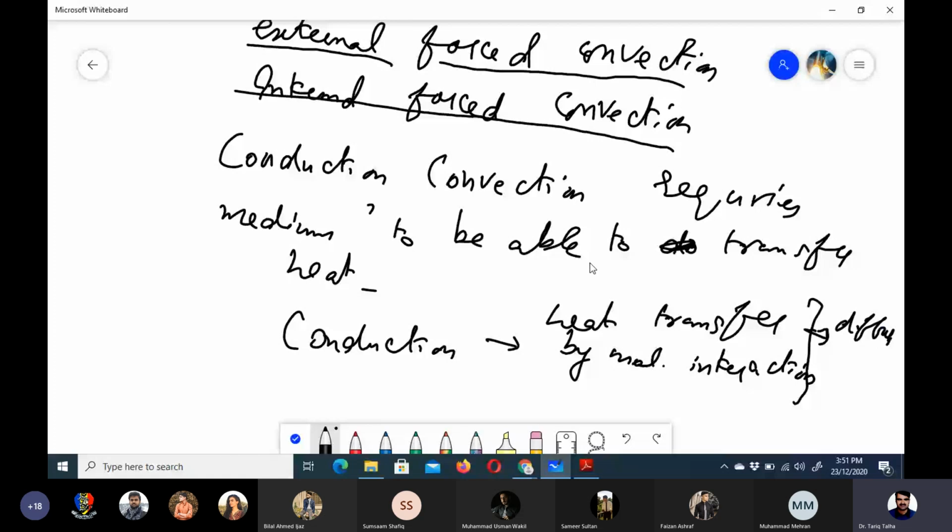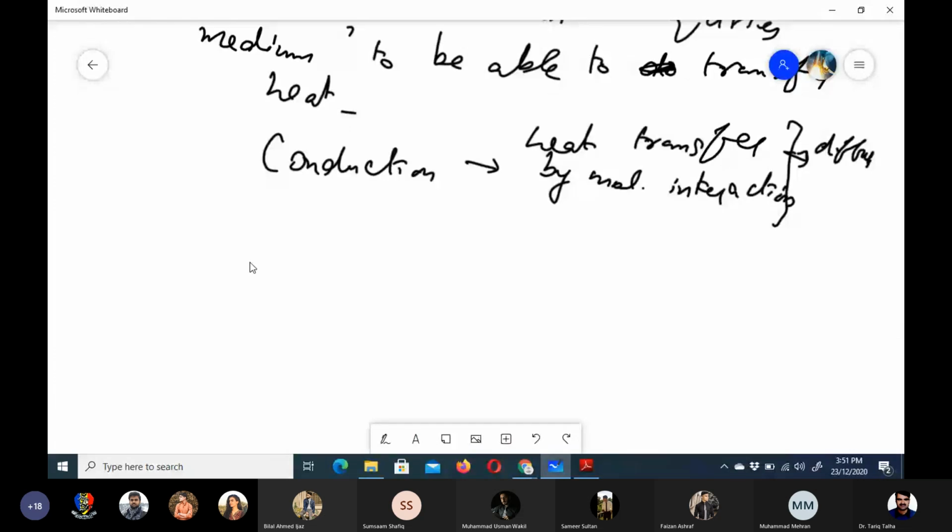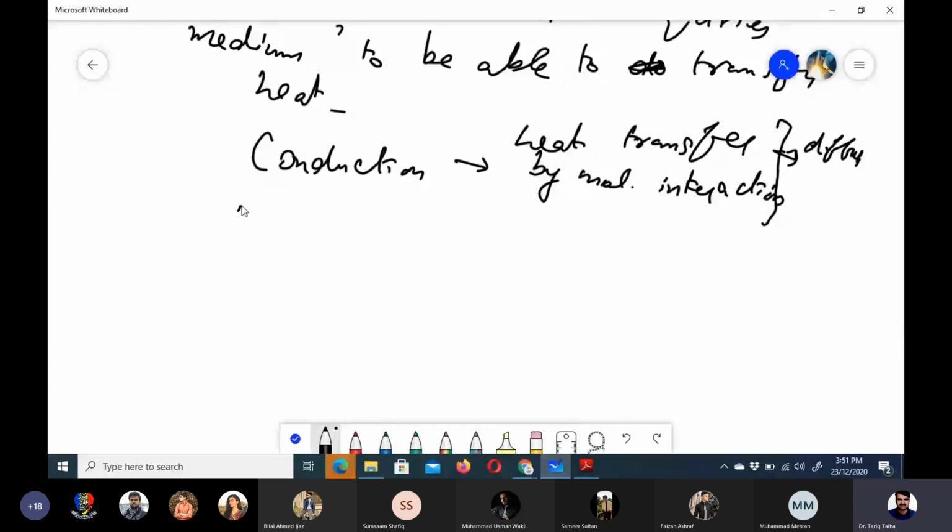But in convection, we have diffusion plus motion of fluid.